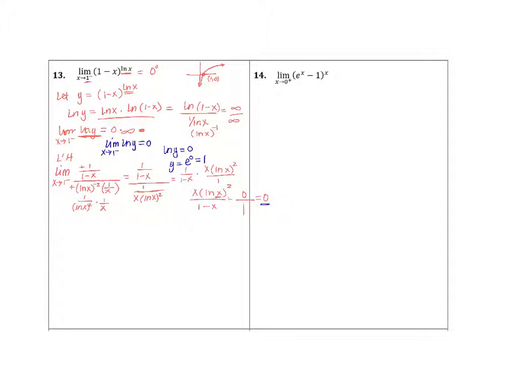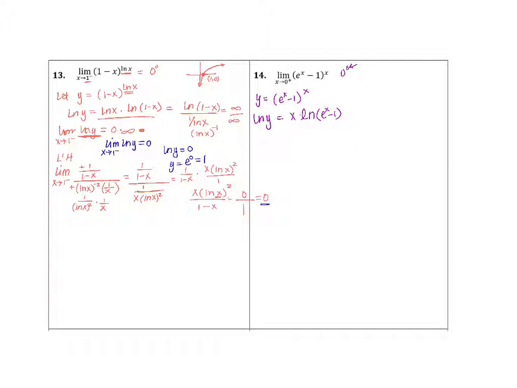Okay, 14 again, same idea here as we go through this. We are going to get 0 raised to the 0 power. And again, this exponent is what's causing us issues. So we're going to let y equal e to the x minus 1 raised to the x. Just like the other problems, we're going to do the natural log of y equals, and I'm going to go ahead and move that down, and then times natural log of e to the x minus 1.